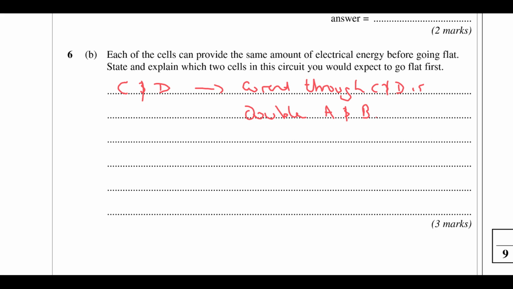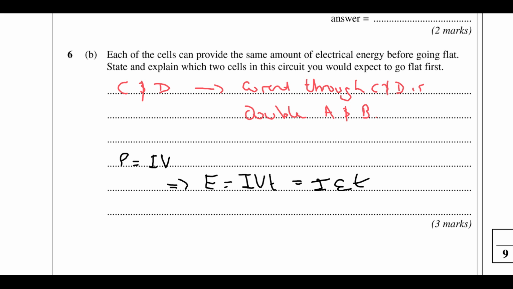So the power delivered is IV, where the potential difference across each of them is just going to be the EMF, and energy is power times time, so we can write that EVT, or in this case, because the potential difference across each of them is their EMF, is current EMF T. So we can see that having double the current means you deliver double the energy, which means they're going to last half as long.